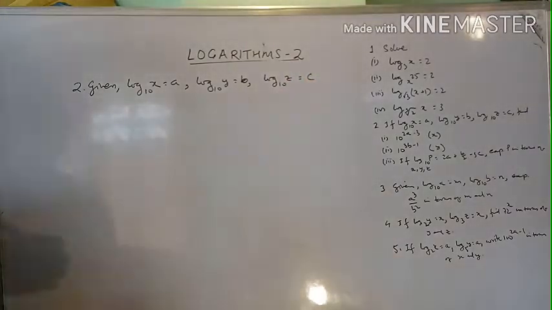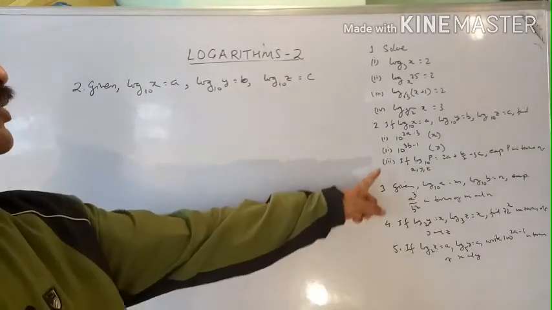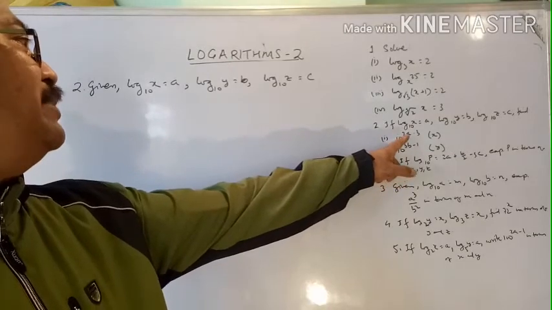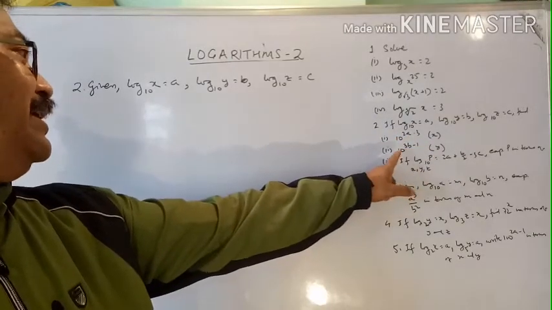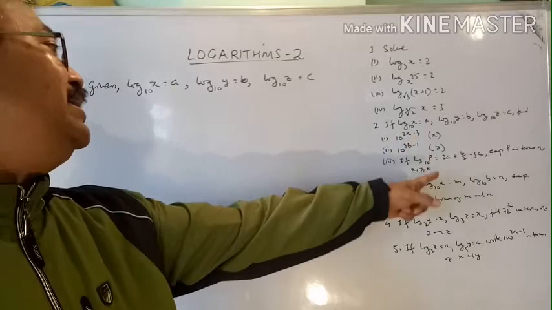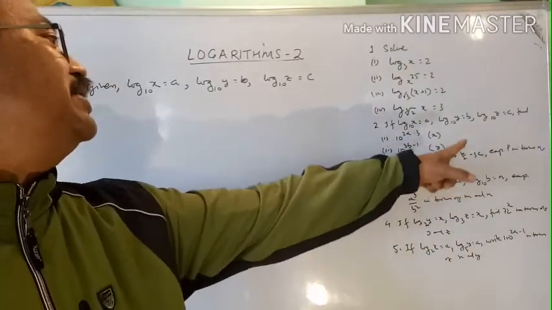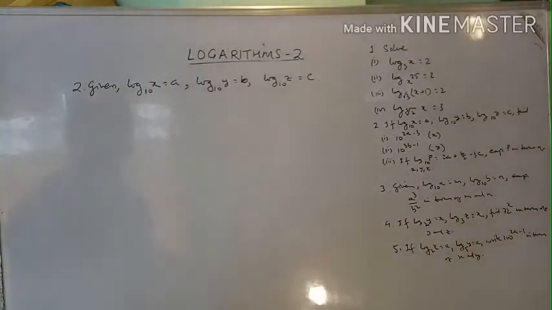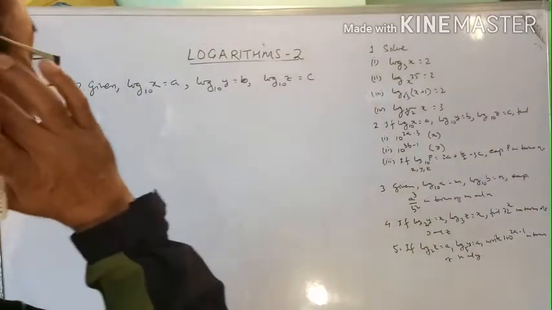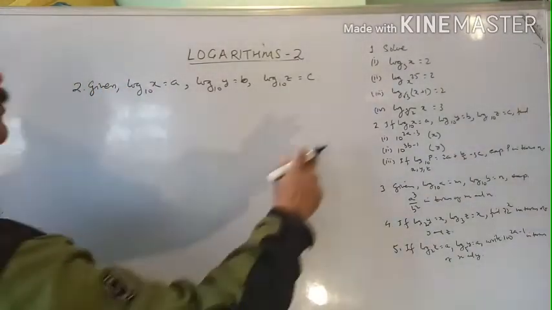These things are given. So there are 3 parts here. We have to express 10 to the power 2a minus 3 in terms of x, then 10 to the power 3b minus 1 in terms of y, and then if log p is given there, we have to express p in terms of x, y, z. Okay, we'll take this part separately.